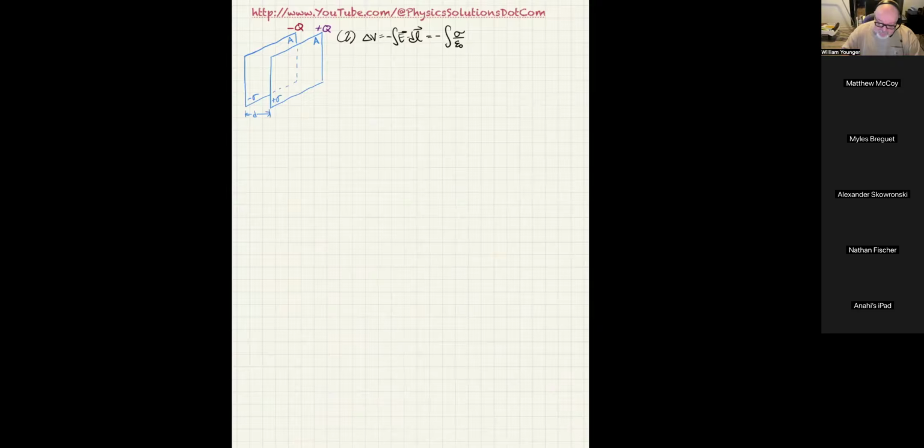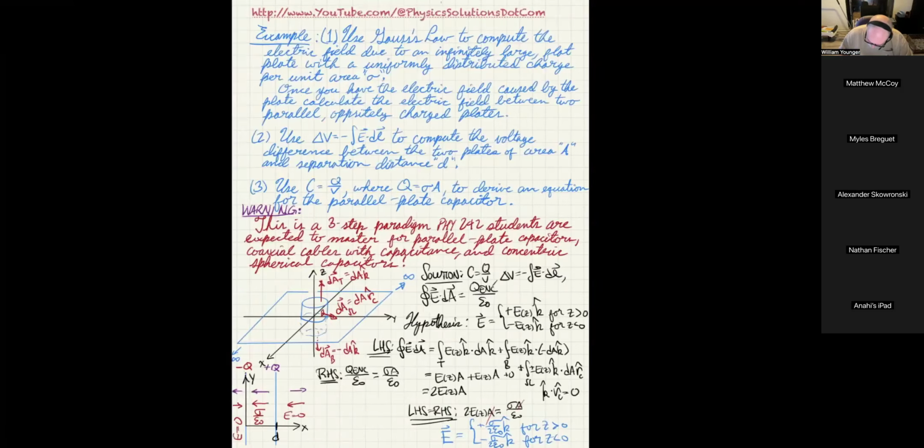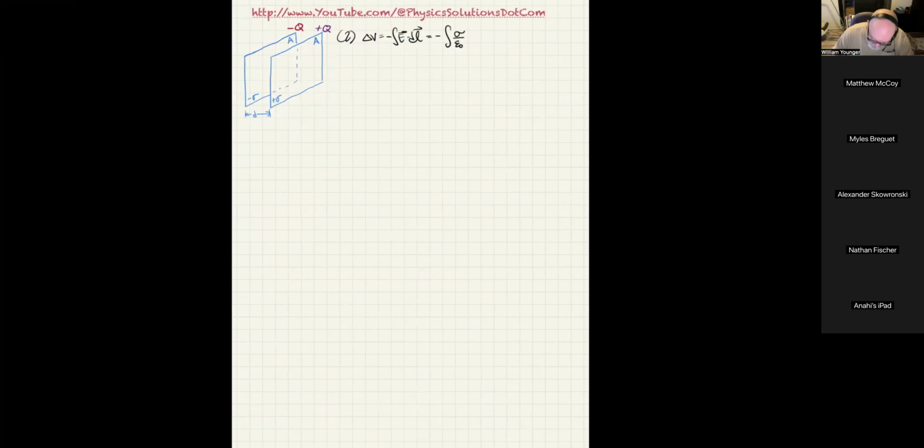But now, instead of the field being oriented in the xy plane with z perpendicular to it, in this drawing I've got x being perpendicular to it. So I'm actually moving from x equals 0 to x equals d. With that in mind, the direction of the electric field would be in the i hat direction, and then the differential element.